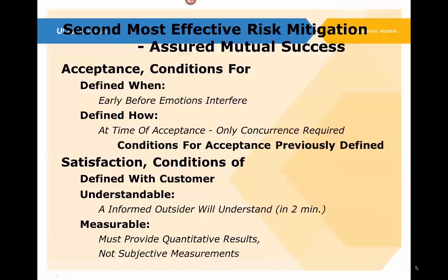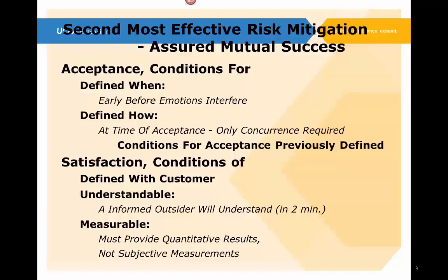The second standard risk mitigation strategy for the project is to set up the conditions of satisfaction, to define those with the customer, and make sure they're very clear and understandable, so that an informed outsider could understand them in under 2 minutes. In other words, it's very simple to communicate the conditions of satisfaction to an outsider, and they will understand it. Finally, they need to be measurable. By having quantitative results, there's no doubt about what degree of satisfaction there is.